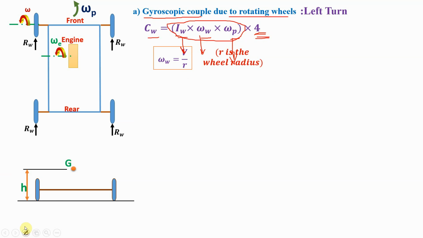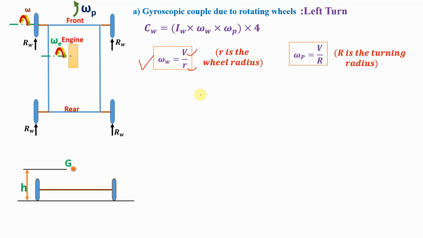We find out the angular speed of each wheel by using this equation, which is equal to the linear speed of the vehicle divided by the radius of each wheel. And we find out the precession velocity omega p using this equation, the linear speed of the vehicle divided by the turning radius.